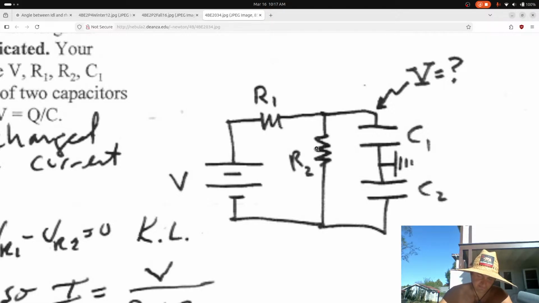So if we find the VR2, since no charge goes through the full caps, it is equal to I total times R2. So first we can find that VR2. So V minus 1 minus VR2 is equal to 0.